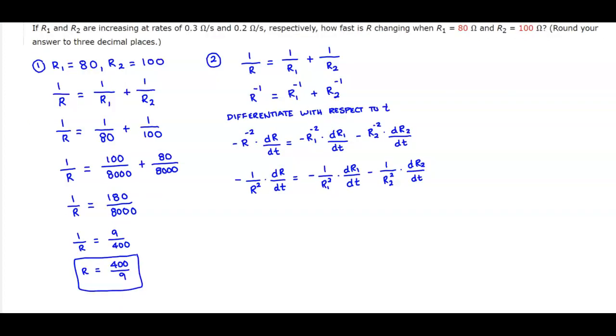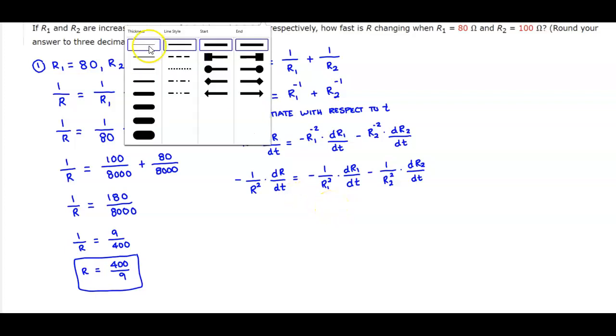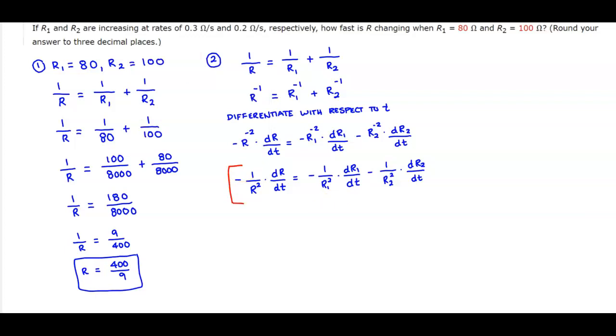Okay, so the next step here is we want to isolate and solve for dR over dt. In order to do that, we're going to multiply both sides of the equation by negative R squared. By doing that, we end up with dR over dt on the left side. On the right side, we multiply negative R squared by both of these terms, and it's going to be positive R squared because a negative times a negative gives us the positive.